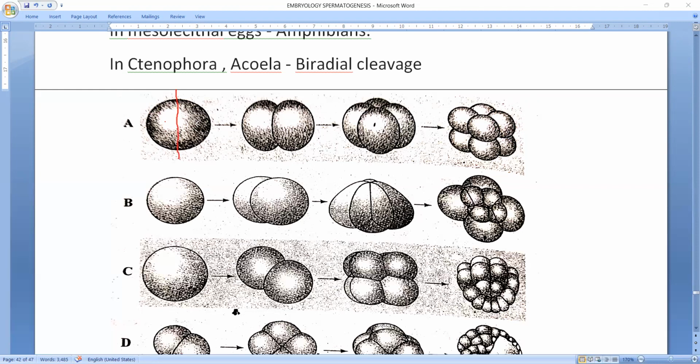In this way the newly formed cells are around the central axis. Here also the central axis is like this. So you get two equal halves if you cut the embryo in any plane.